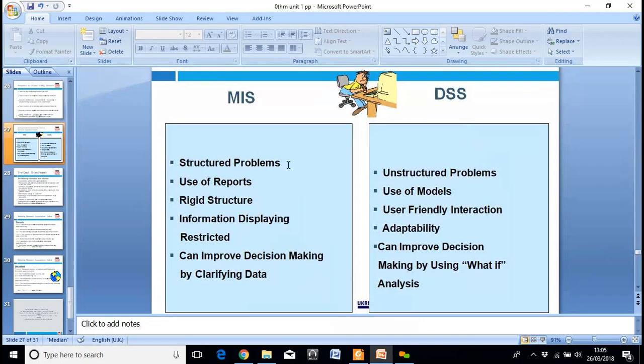So there are structured problems where you can use reports from other people. They will have a rigid structure. Any restricted information can improve decision making by clarifying the data.